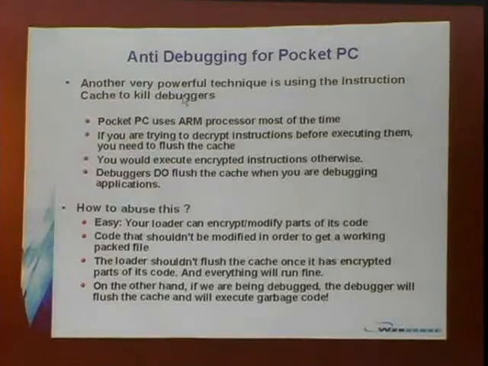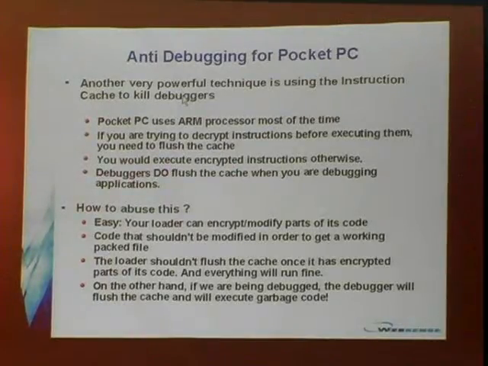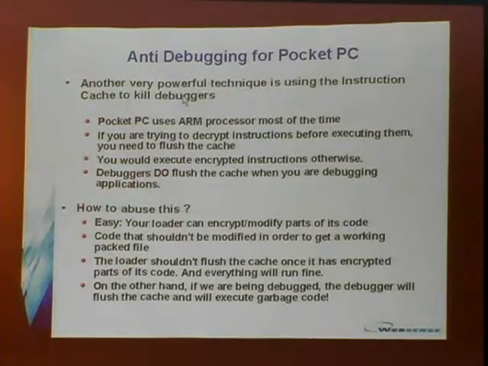So what you can do is encrypt part of your loader with a random key or whatever. You can just modify parts of your code. And your packer is not going to flush the cache, so it's not going to be executed. But if someone is debugging this protection, then the debugger is going to flush the cache and you will end up calling garbage code. So this is a very nice feature of the Pocket PC processors.